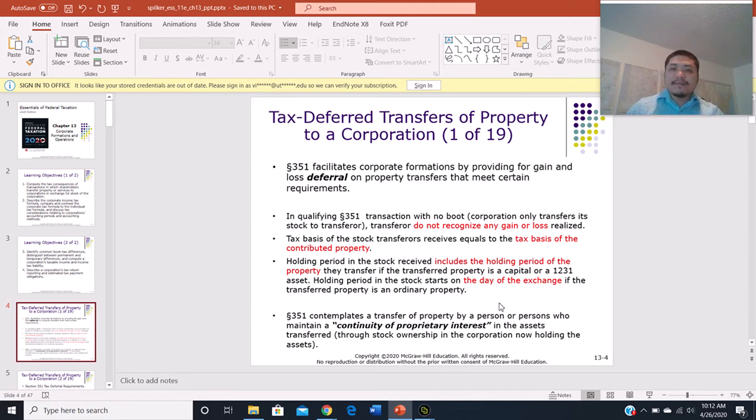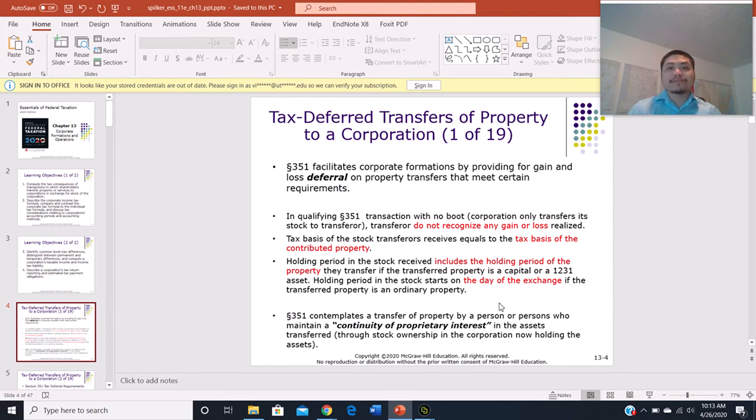But if the transaction qualifies for section 351, then the gain is going to be deferred. They don't have to recognize the gain right away. You remember we talked about like kind exchange.